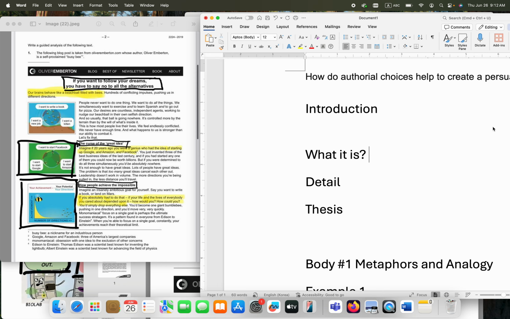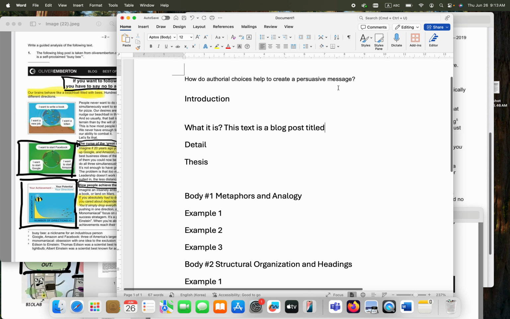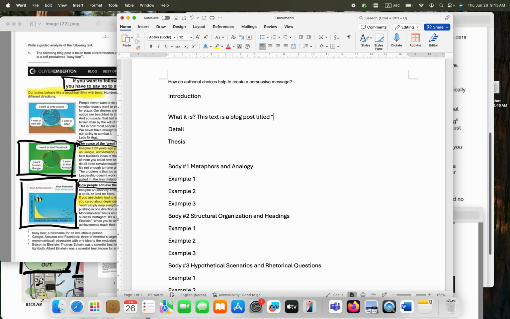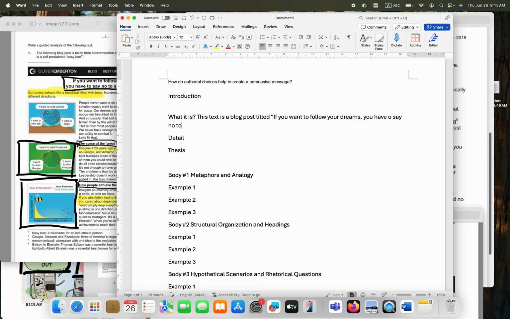It's allowed, so we can just say this text is a blog post titled If You Want Dreams, You Have to Say No to All. Yep, so just like this.